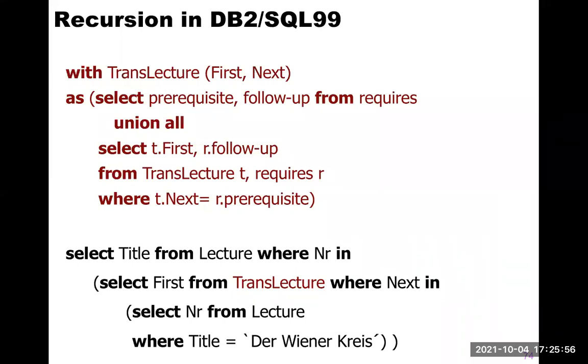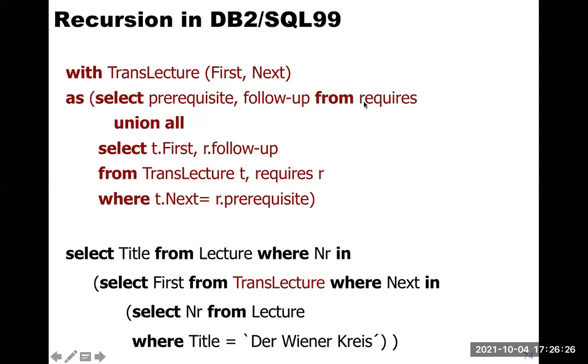We want to find all the pairs that are prerequisites but not immediate. This lecture is a prerequisite to this lecture, then that lecture, then that one. So I want to have a pair of the first and the last lecture in one record. So I see all the lectures that I need to take before going to this.